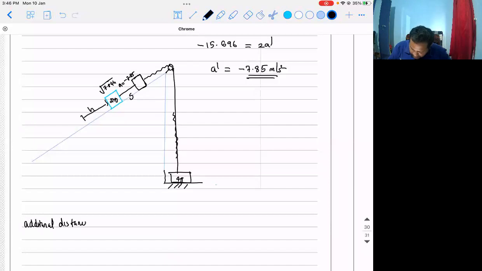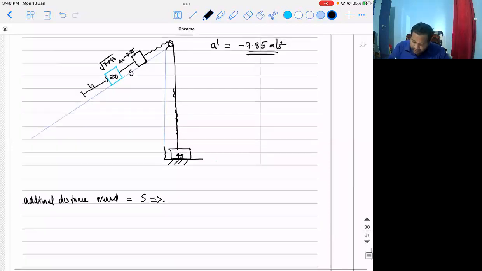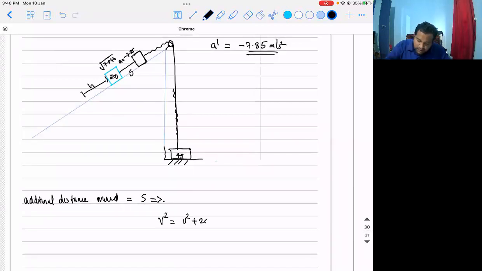Additional distance moved is equal to S. How will you find that? You can use this equation: V square is equal to U square plus 2aS, because the final velocity becomes 0.